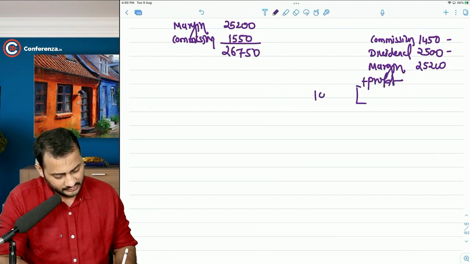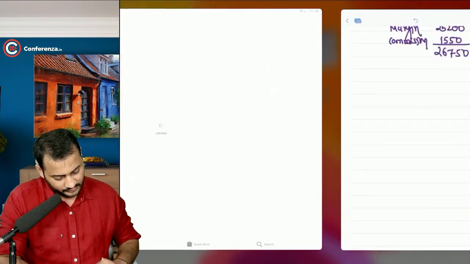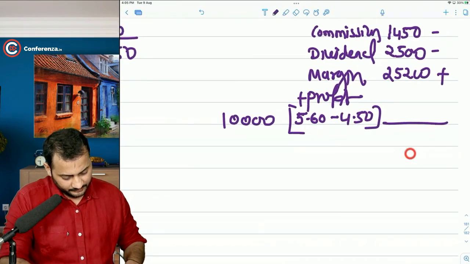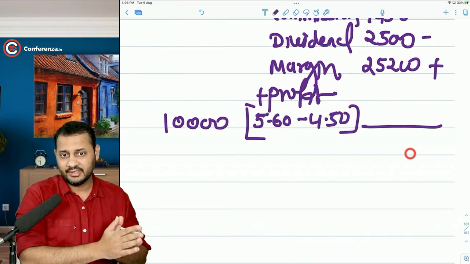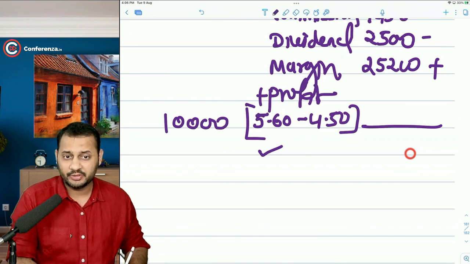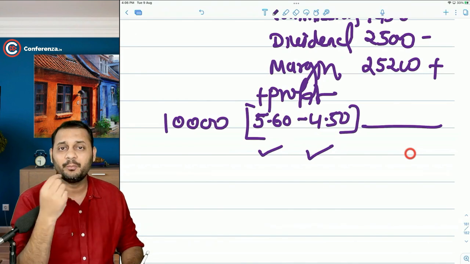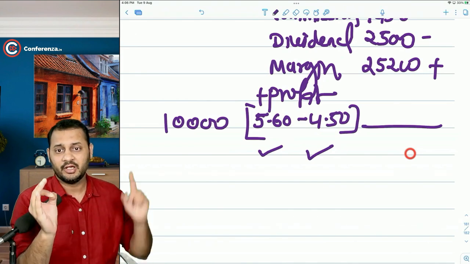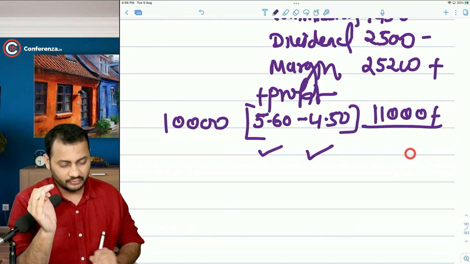So what is the transaction? 10,000 shares sold at 5.6 and purchased at 4.50. Am I right? So what is the profit now? You have settled your open position at the end. You sold each share at 5.60 and bought it back at 4.50. That is 1.1 rupees of profit on every share. Total 10,000 shares, so the total profit is 11,000.